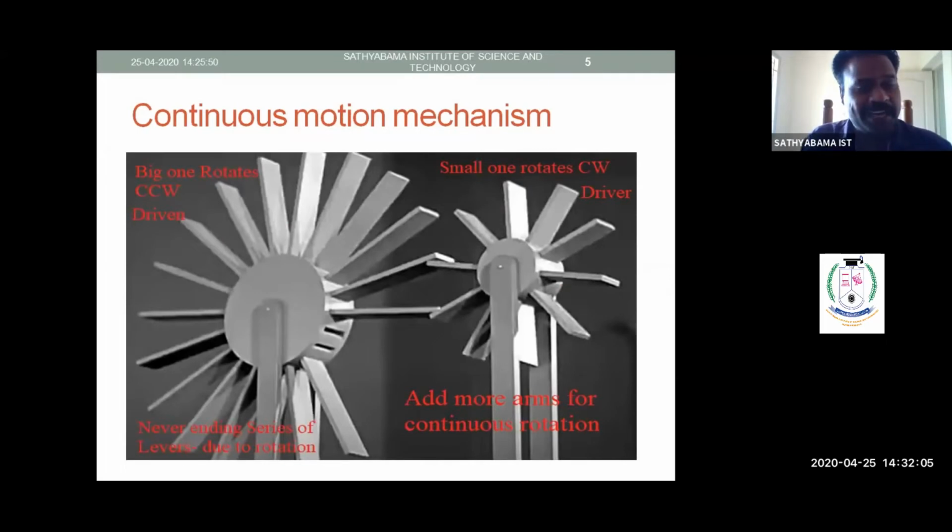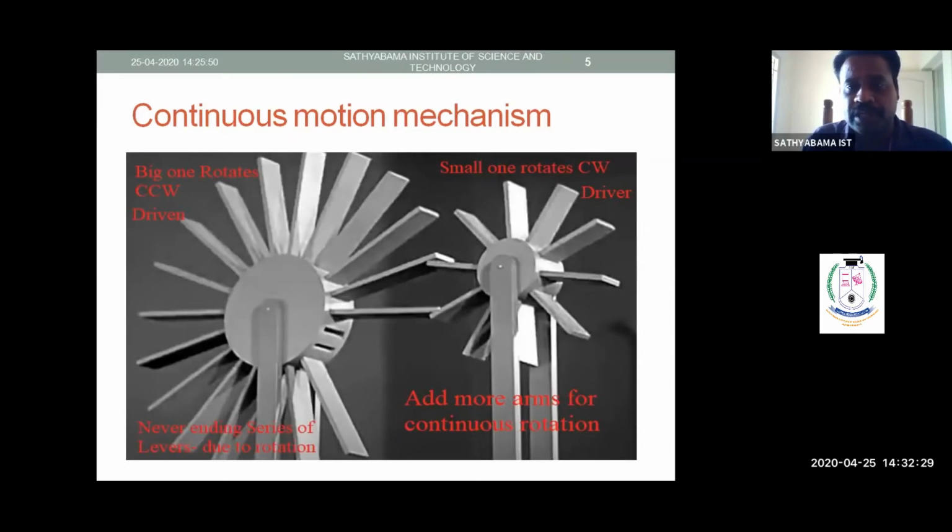Right. This picture talks a lot of histories. You just see this. There is a small wheel which is called driver, and there is a large wheel. Wheel means there is a rotor. So all of you know what is rotor, a shaft with blades, right? If you see the picture carefully, the small one rotates CW, that is clockwise.